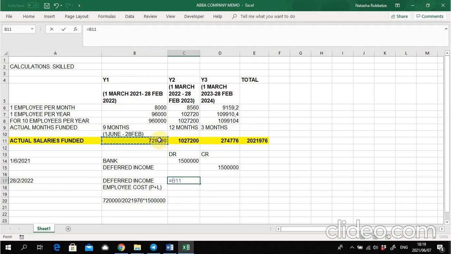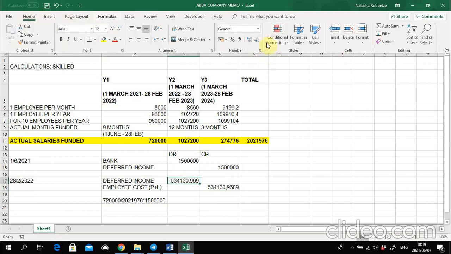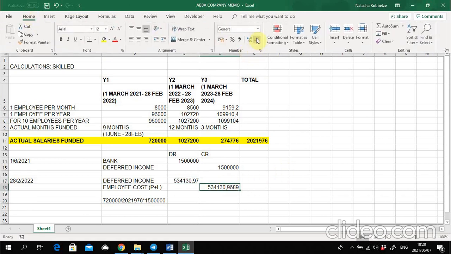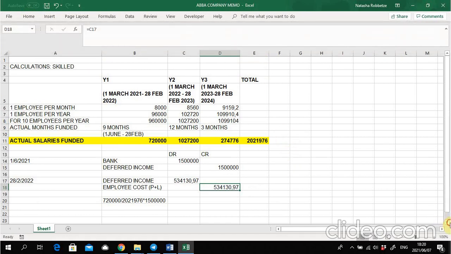So it is going to be this 720 divided by the total times the 1.5. And rounded to 2 decimals, I get an answer of 534,130.97.